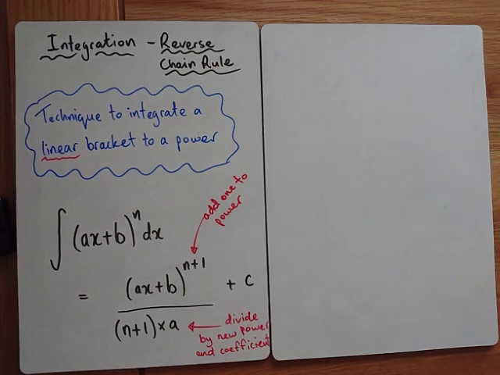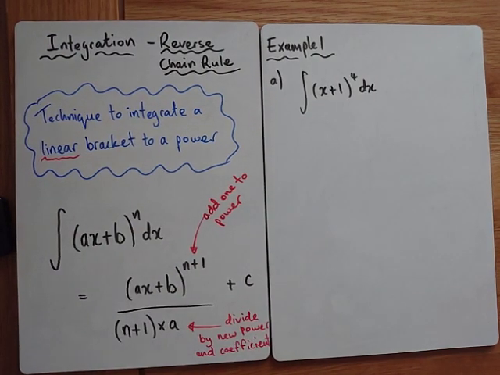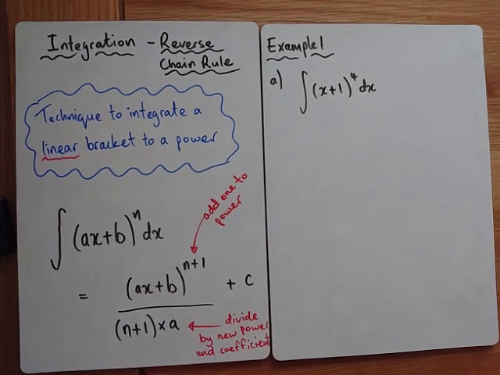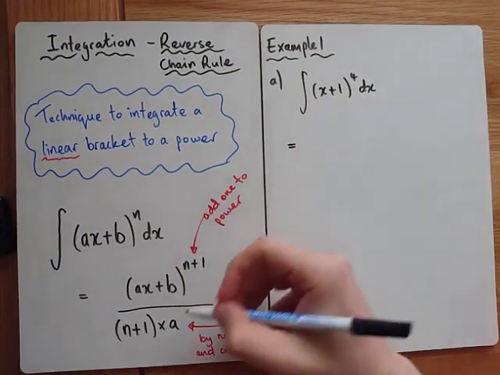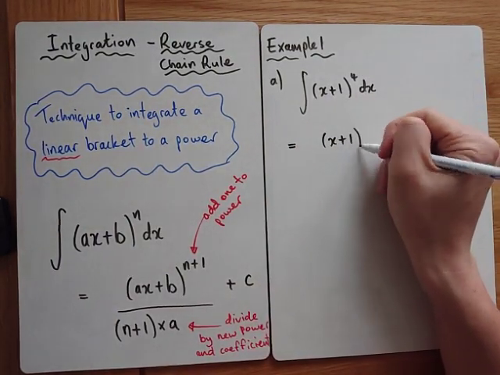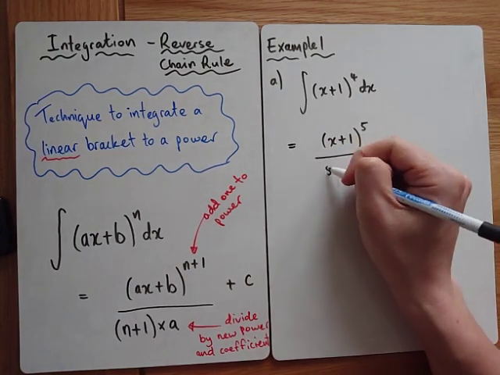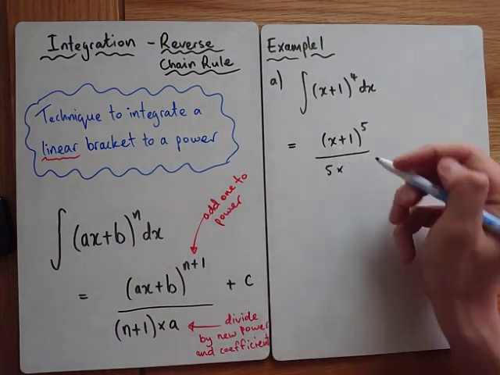Okay, so let's try a quick example. Example 1a wants us to integrate x plus 1 to the power of 4. So clearly we've got a linear bracket to a power, and we can follow the rule: add 1 to the power, divide by the new power, and the coefficient of x, which in this case is just 1.